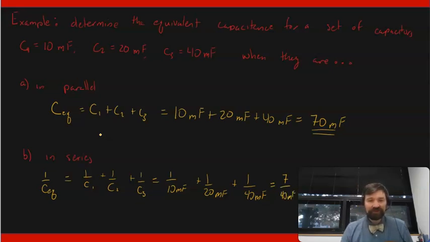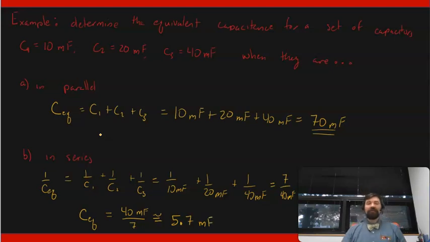And that means that my actual equivalent, because this is 1 over C equivalent, is 40 millifarads divided by 7. And so that ends up being about 5.7 millifarads. Rounds off to about 5.7 millifarads.